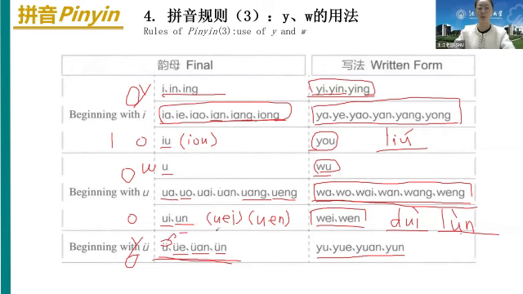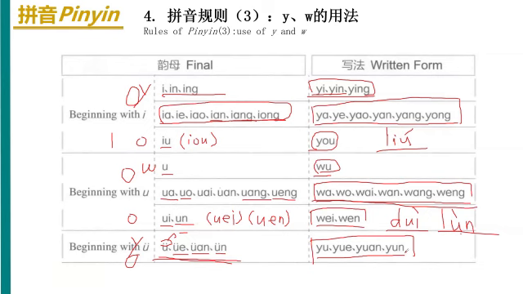So that's where the written form comes from. Yu, yue, yuan, yun. So are you clear? Yes, ma'am. Okay. So please memorize these finals and let's go on to do some exercises.